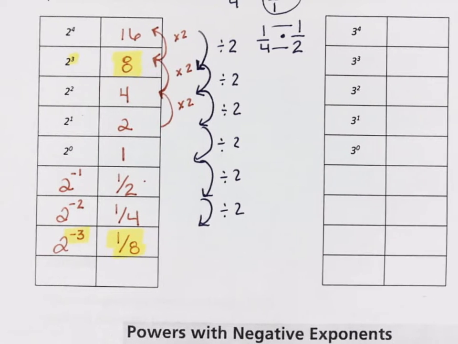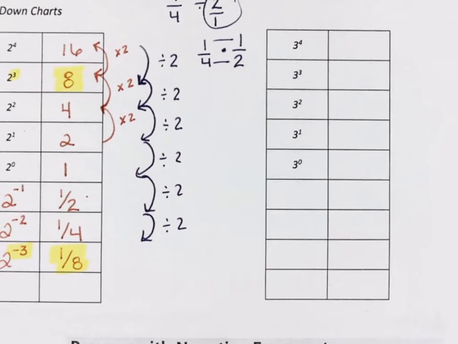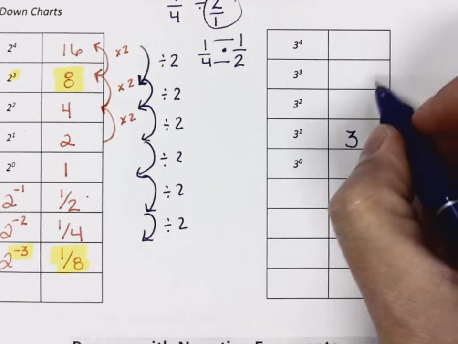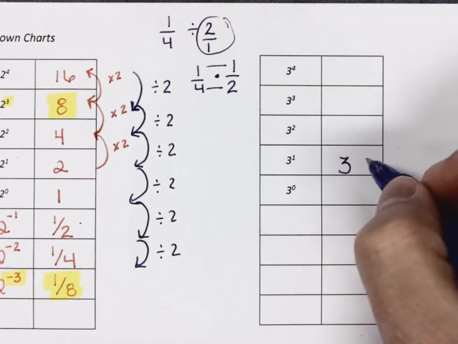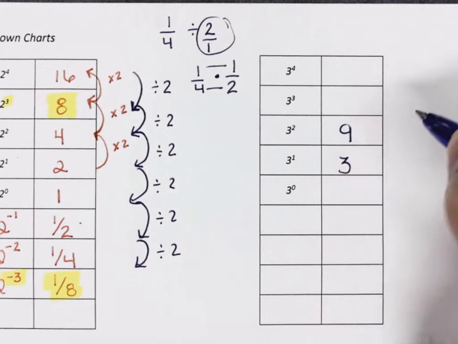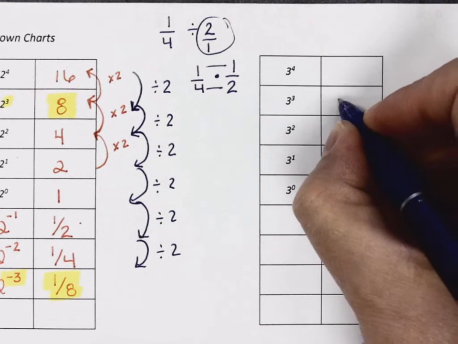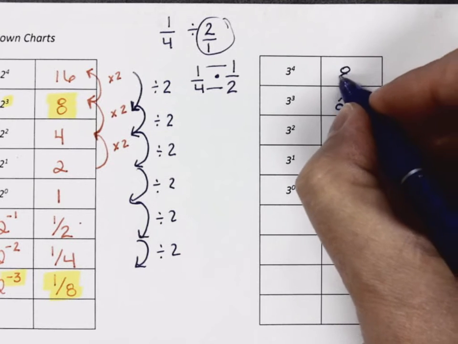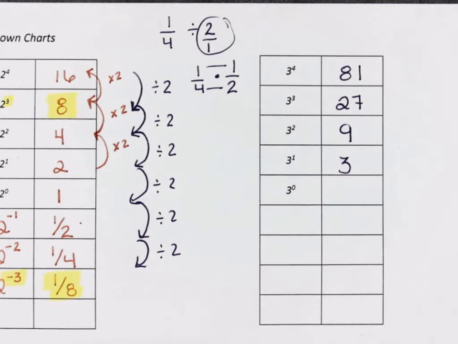Okay, let's try with the 3 chart. So if we start at 3 to the exponent 1, that's 3. 3 to the exponent 2 is 9. 3 to the exponent 3 is 27. And 3 to the exponent 4 is 81. So as I go up the chart, what am I doing?